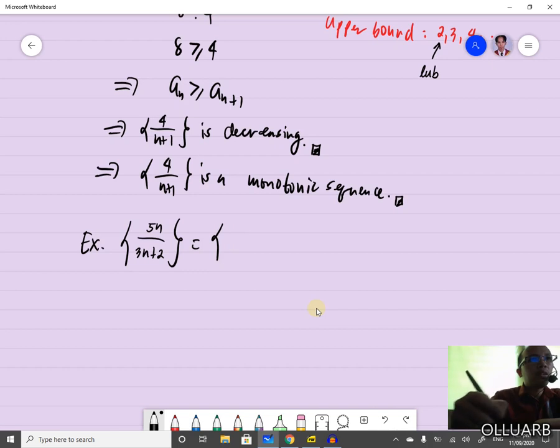First element is 1. For 2, 10 over 3 times 2, 6, plus 2, 8. So 10 over 8, this is 5 over 4. When 3, we have 15 over 17.